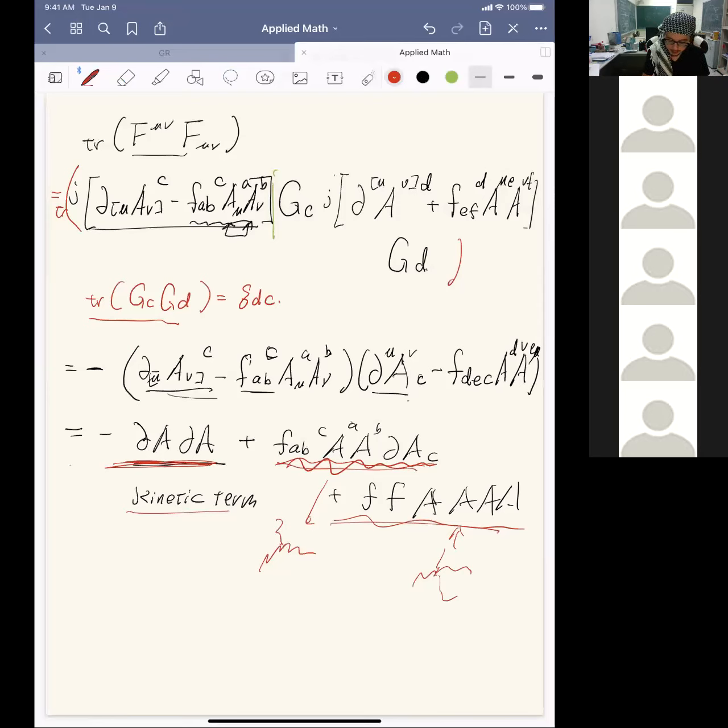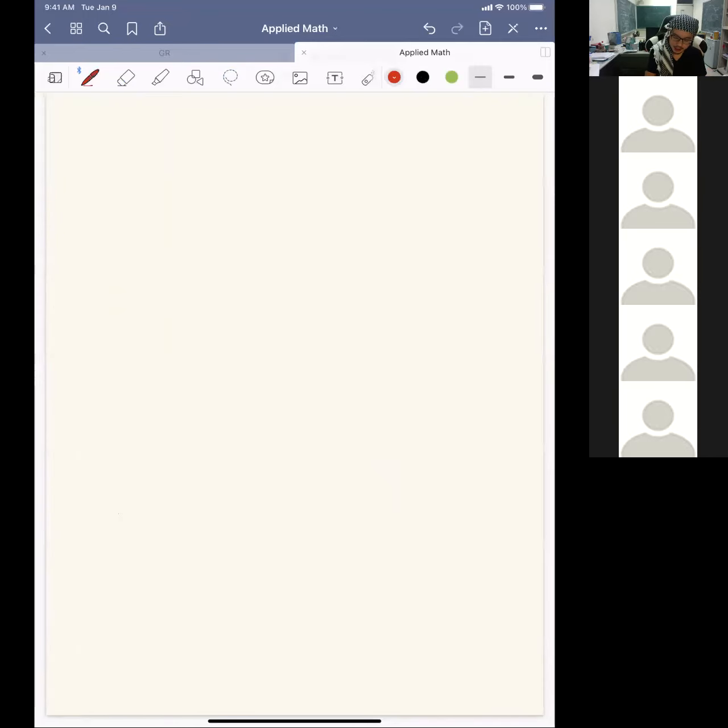Okay, great. So this is a general non-abelian theory for a non-abelian gauge field. We basically have everything set up now, and we're going to focus on a particular choice of gauge group. We're going to consider the local symmetry group to be the Poincare group.